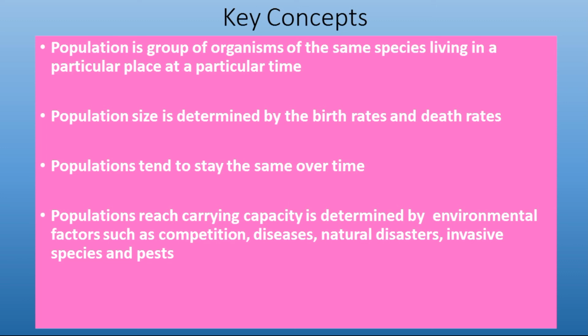Populations reach their carrying capacity, which essentially is the limit to the number of individuals in the population. And this carrying capacity is determined by environmental factors such as competition, diseases, natural disasters, invasive species, and pests.